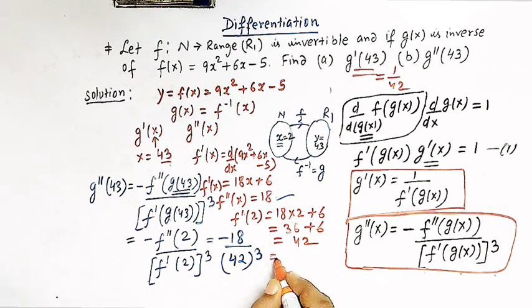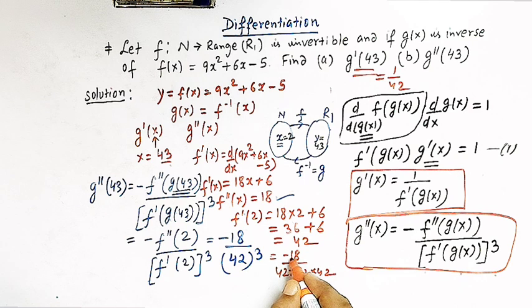So now simplifying it, we have minus 18 divided by 42 times 42 times 42, and we can cancel it. So we have 6 times 3 is 18, 6 times 7 is 42, and here we have 3 times 14.